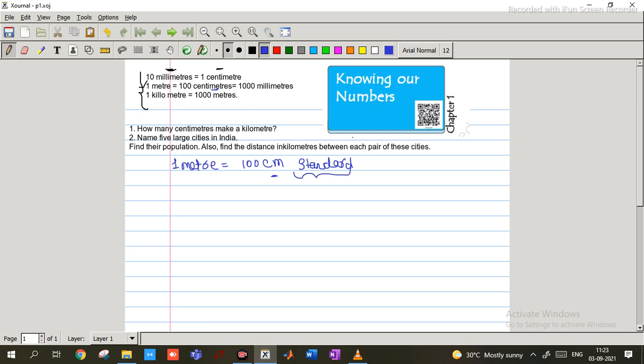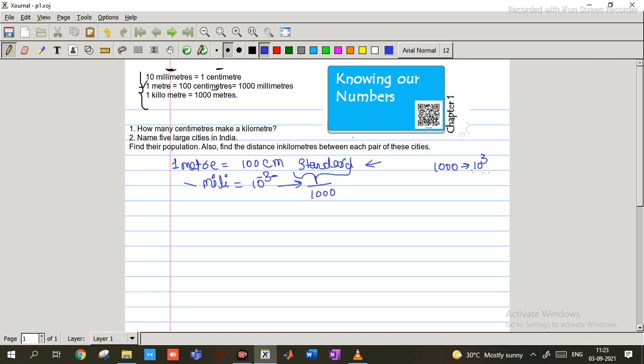So in this way, for the ease of our calculation, this is the thing which has been done. Now when I say millimeter, milli represents 10 raised to minus 3. You can take it as 1 by 1000, because we know that 1000 is 10 raised to 3, 1 followed by 3 zeros.